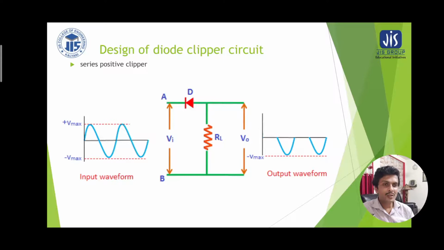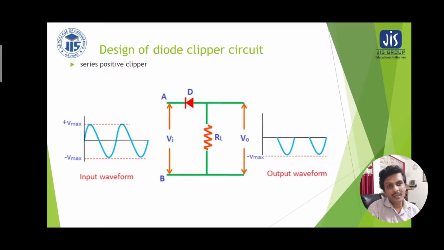We are not describing the classification right now, but we are trying to understand how the clipper circuit works. Later on in this presentation, we will go for the classification of the clipper circuit, and there we will discuss the variations of the clipper circuit. So from this figure, one thing is clear, what the components are that are required for realization of the clipper circuit.